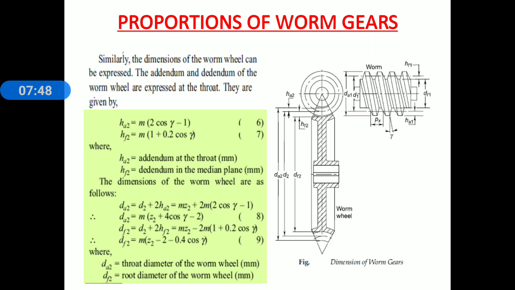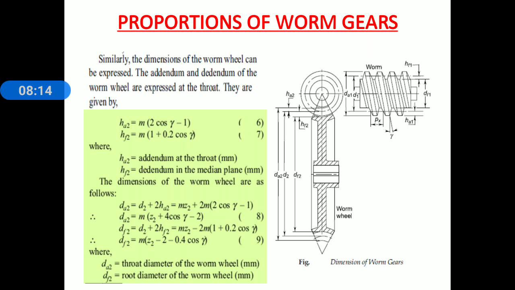Similarly, we obtain the value of root diameter of worm wheel. Again, observe the sketch carefully. DF2 is equal to D2 minus 2 HF2. HF2 is the dedendum of worm wheel, and the value of that dedendum is expressed in equation number 7. This value we have to substitute in that relation. DF2 is equal to m z2 minus 2m into bracket 1 plus 0.2 cos gamma, bracket complete.